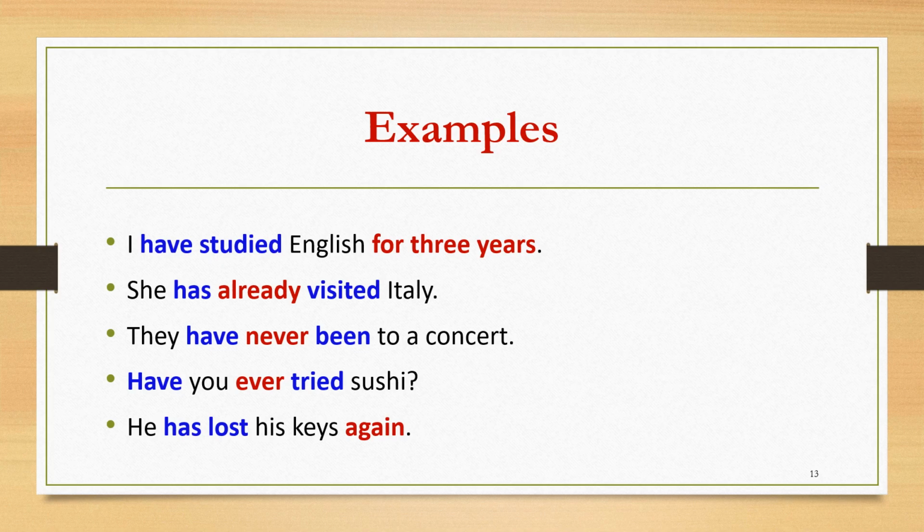He has lost his keys again. So the word again at the end shows that the keys were lost before, one time, maybe 2 times, 3 times. So the word again includes a repetition. It includes that this action happened multiple times. So we use the present perfect.